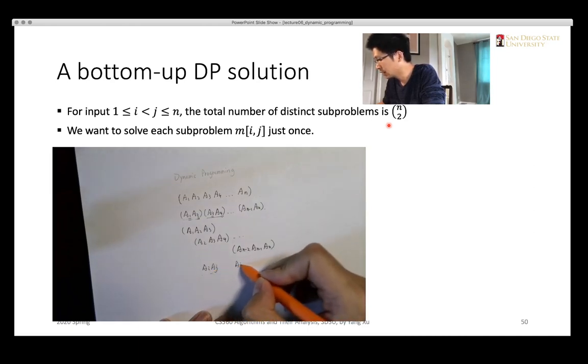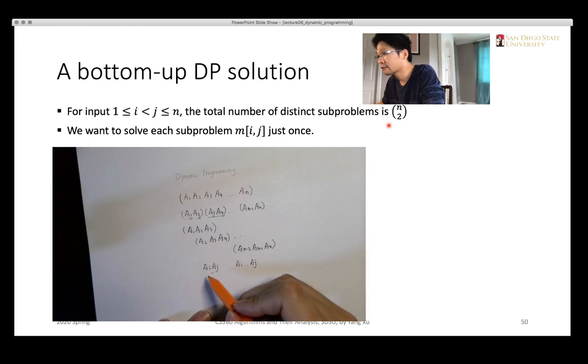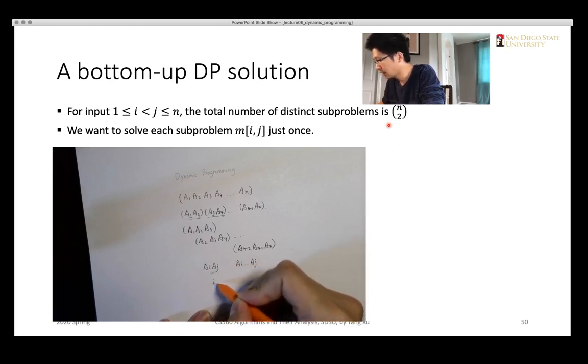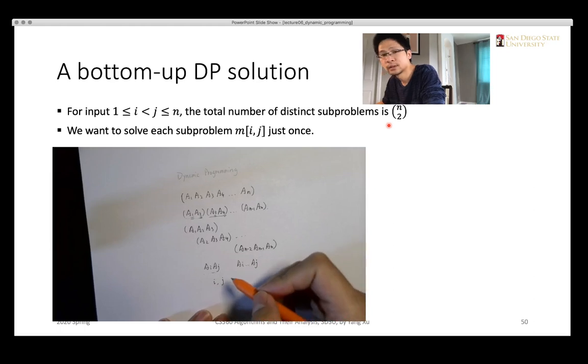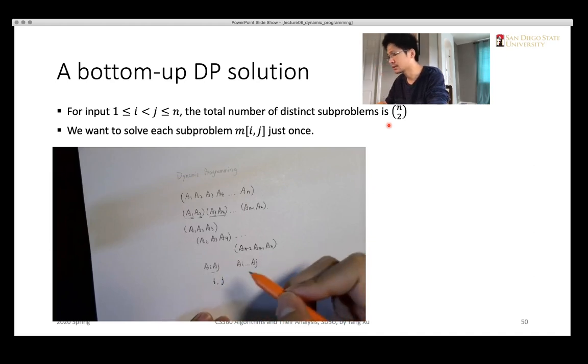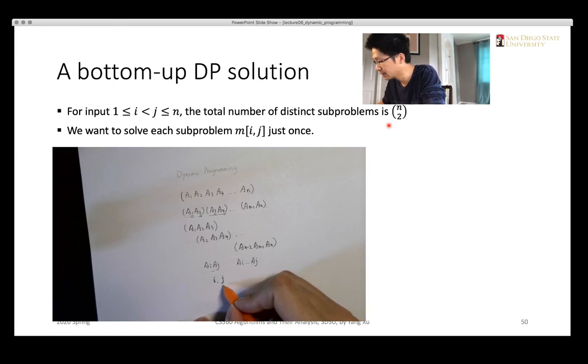So instead of writing A with subscripts i and j, we can use (i, j) to indicate the distinct subproblem that starts from the i-th matrix to the j-th matrix.